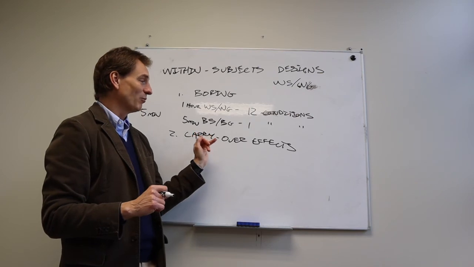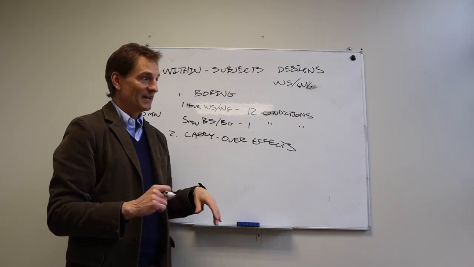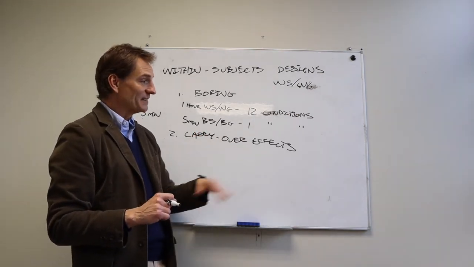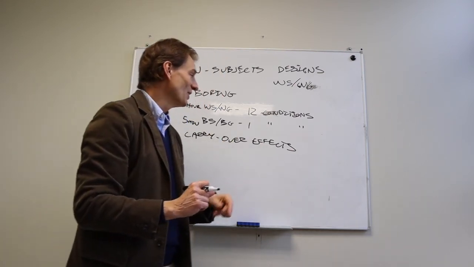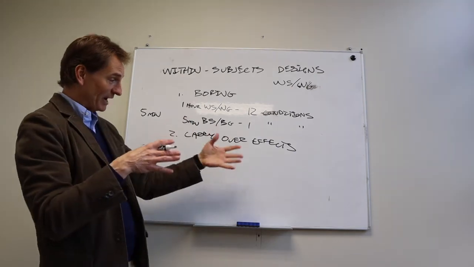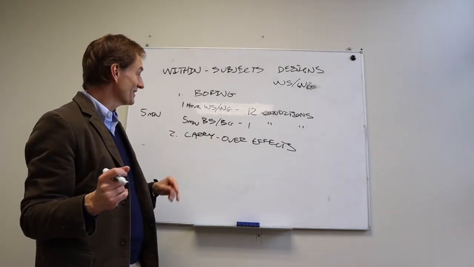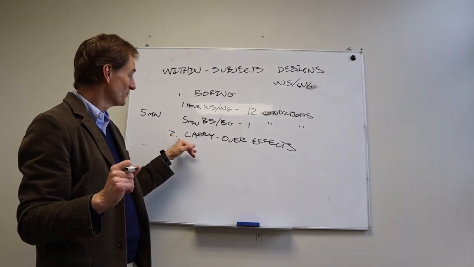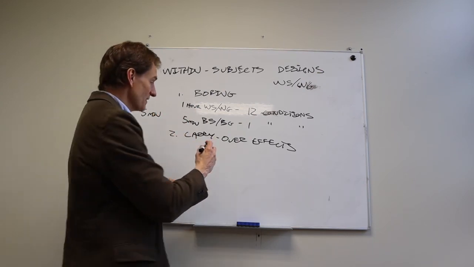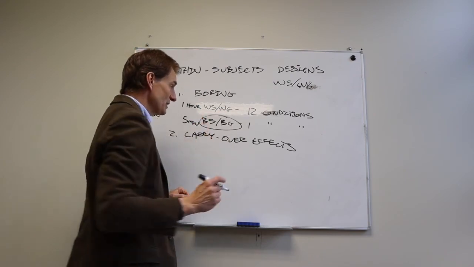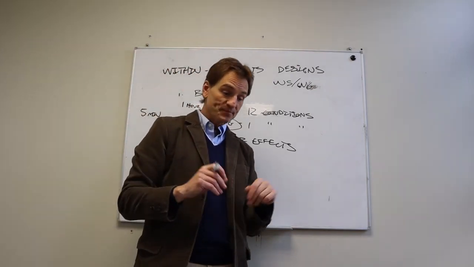Similarly, we can't do a lobotomy on somebody and then a prefrontal leucotomy and then put it back or something like that. I'd rather have a bottle in front of me than a frontal lobotomy. That's the way I always keep that straight in my own head. So if we have carryover effects between our conditions, then we have to run it between subjects, between groups, okay?